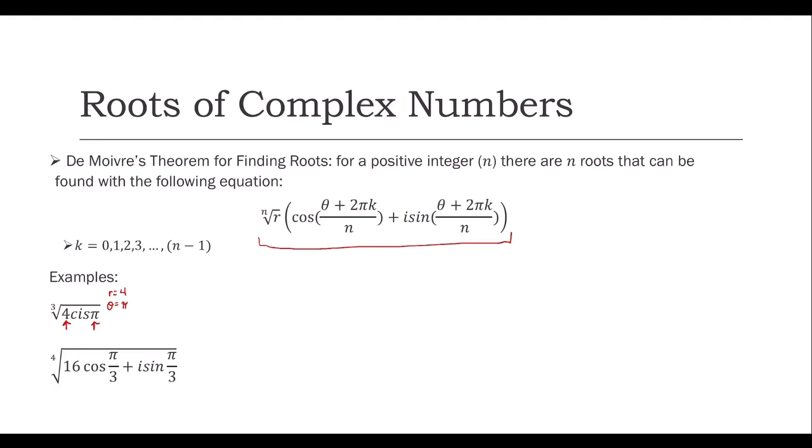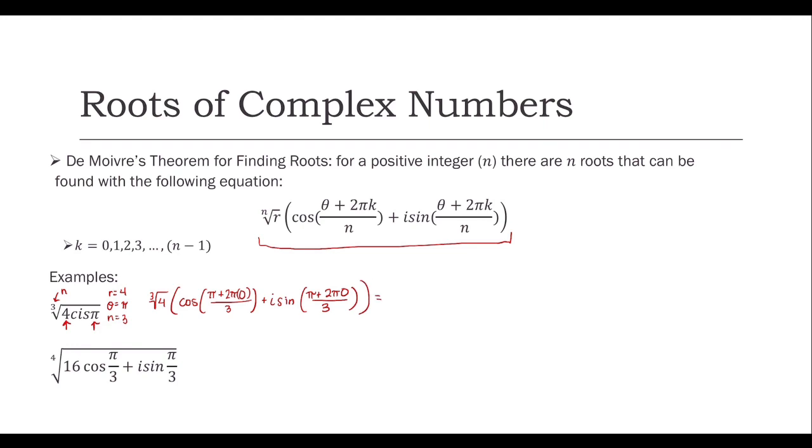So for this first example, r equals 4 and theta equals pi. So we have the nth root, so this is our n value, n equals 3. The third root of 4 times the cosine of theta, which is pi, plus 2 pi times k. So we'll start with k equaling 0. So 2 pi times 0 over n, which is 3, plus i times the sine of pi plus 2 pi times 0 over 3.